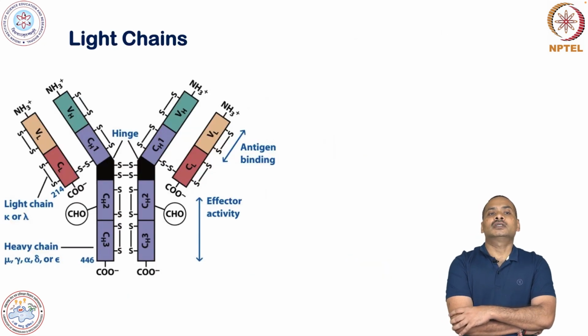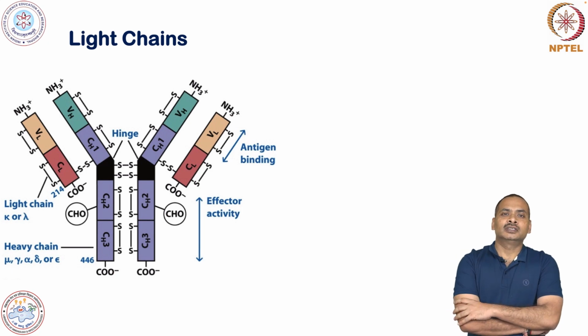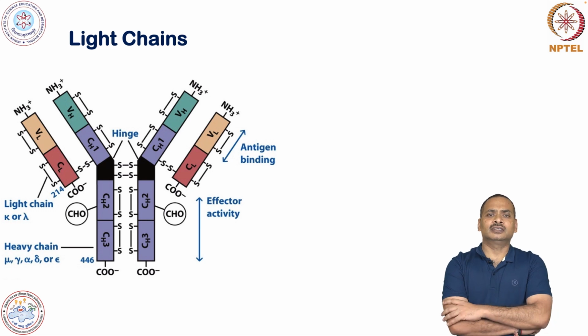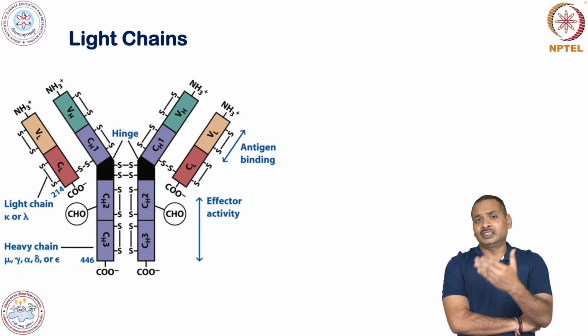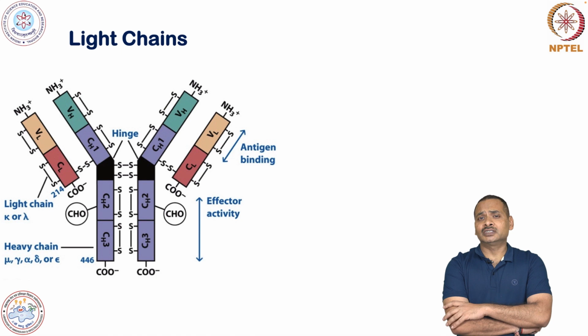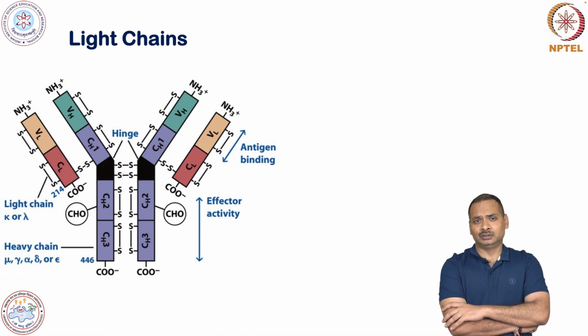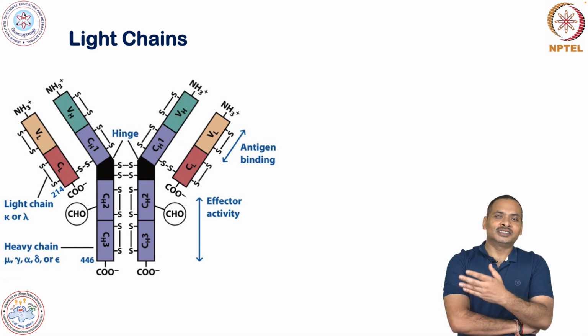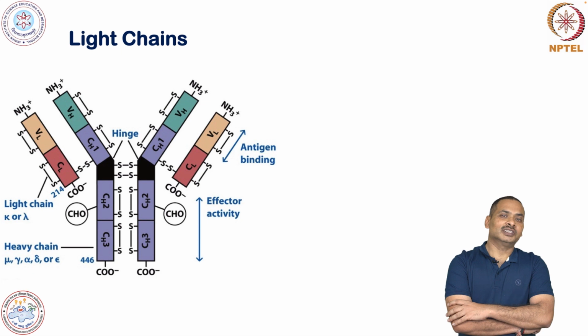When the antibody structure was elucidated, protein sequencing was also being developed at that time. If you studied biochemistry, you can understand there was a protein sequencing method at that time.